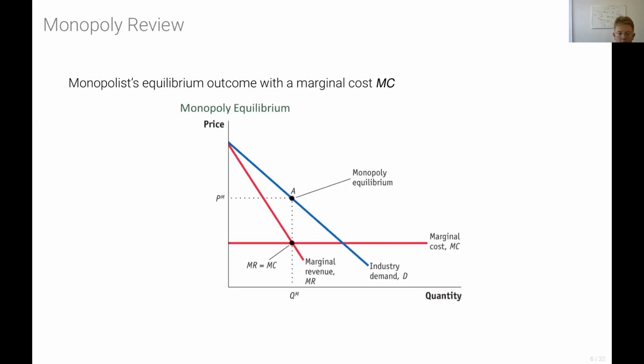And since everything's linear, marginal revenue is just half of industry demand. So our monopolist is going to pick a quantity such that marginal revenue equals marginal cost, and then go back to industry demand and set a price according to what the market is willing to bear, given that they're producing at an optimum value of Q.